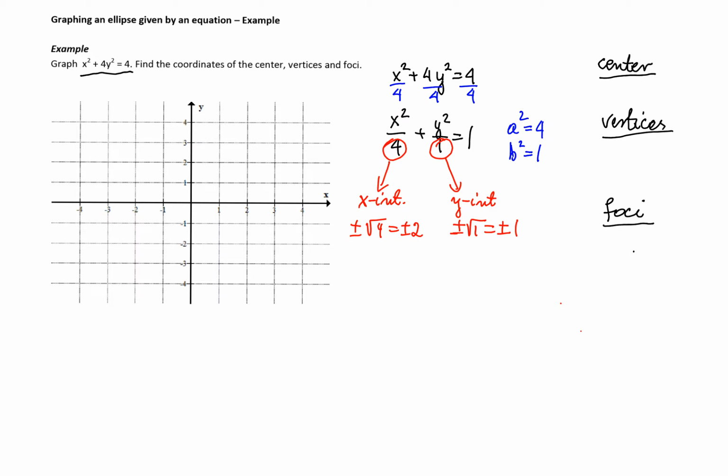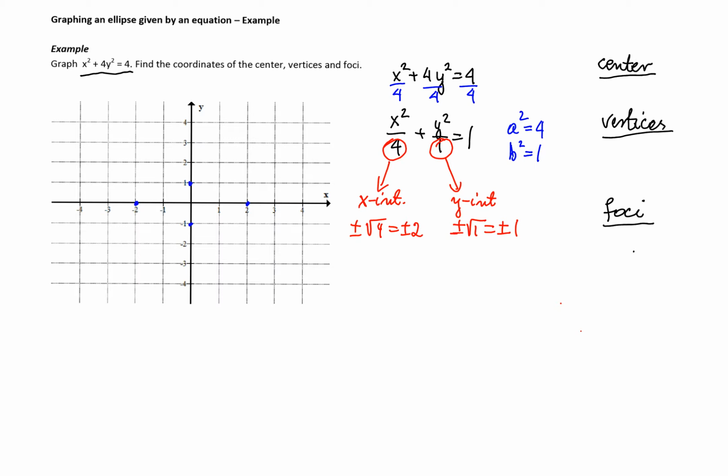Once we have the intercepts, we are ready to graph the ellipse. We plot the points: the x-intercepts are 2 and negative 2, and the y-intercepts are 1 and negative 1. Now we need to draw an oval that goes through those points.